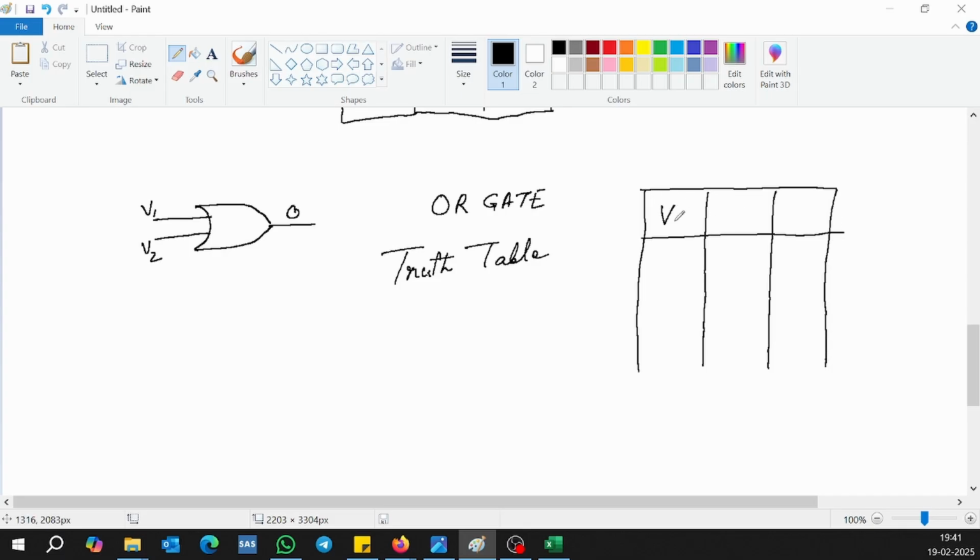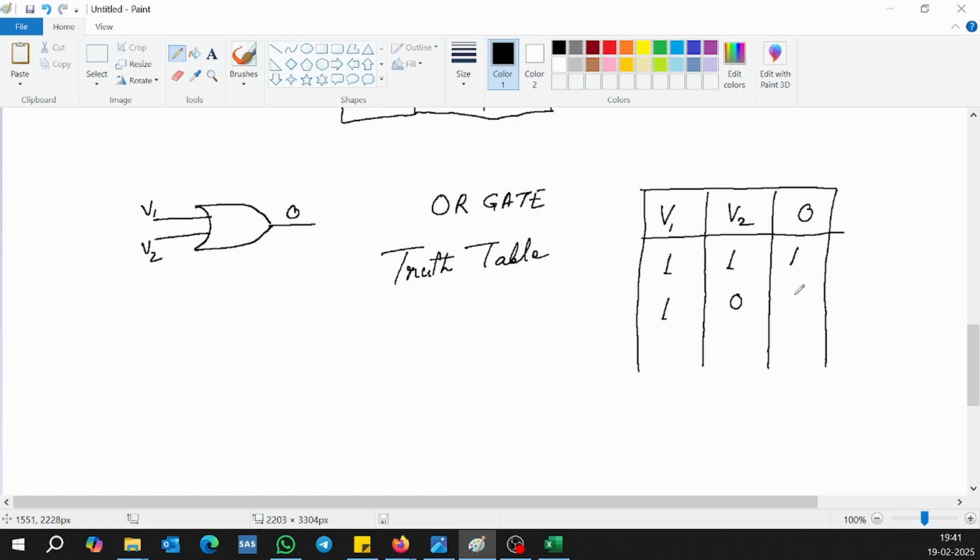We have V1, V2 and output. V1 is 1, V2 is 1, output is 1. V1 is 1 and V2 is 0, output is 1.